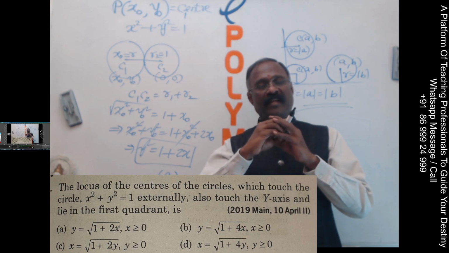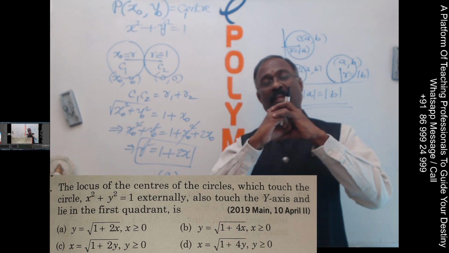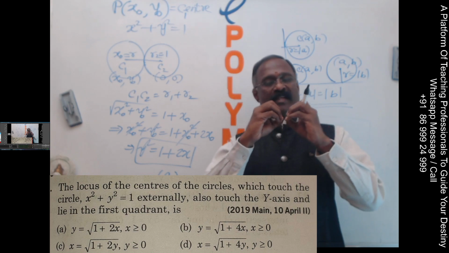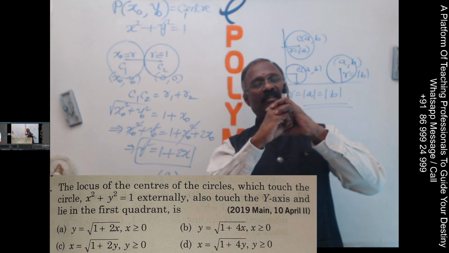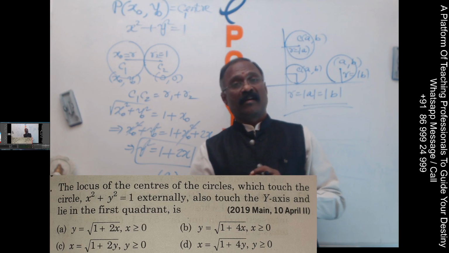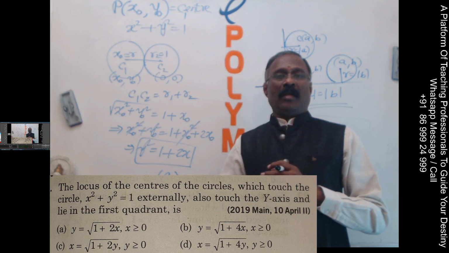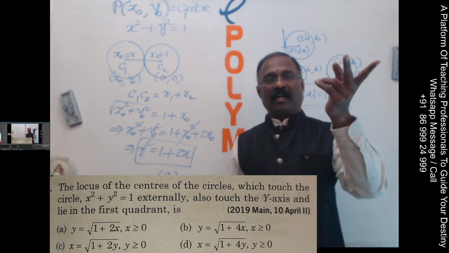I explained it in the previous session. When the two circles are touching each other internally, C1C2 is equal to |R1 - R2|. If one circle is lying inside the other, C1C2 is less than |R1 - R2|.